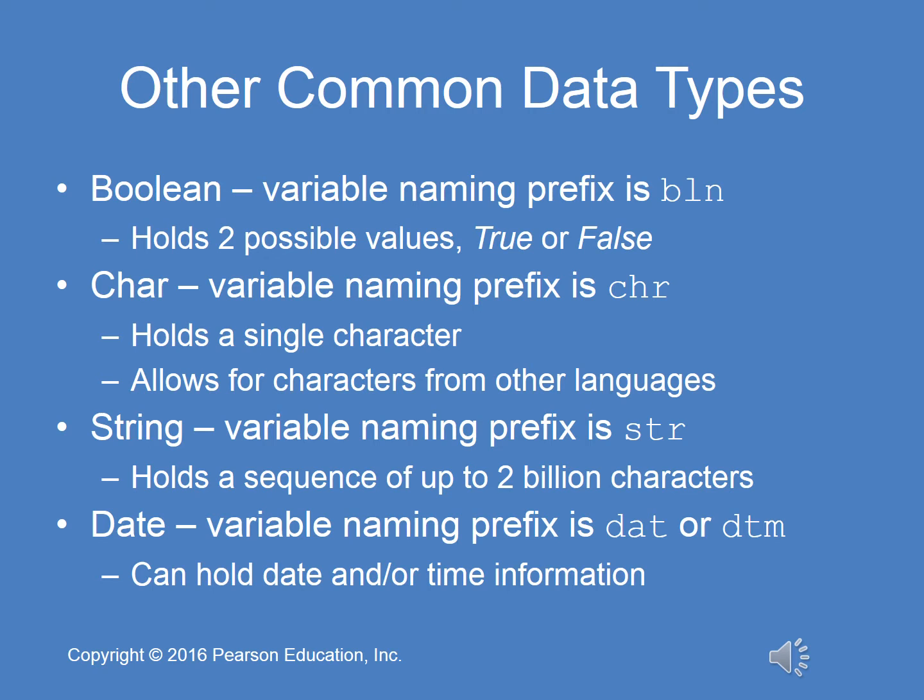String, variable name prefix is STR, holds a sequence of up to 2 billion characters. Good luck with that one. Date, variable naming prefix is DAT or DTM, user preference, and it holds date and or time information. We'll talk about formatting of dates later in the class.